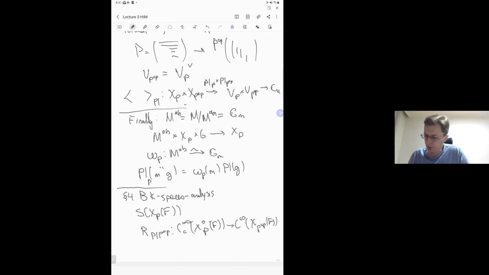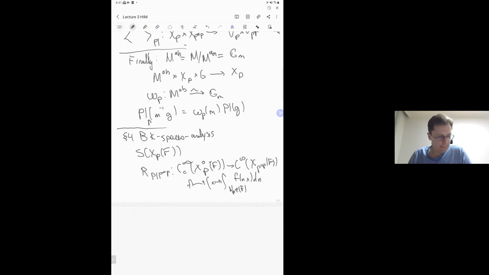And it's just given by taking f and mapping it to x goes to the integral over N P op of f of n x dn. Okay.